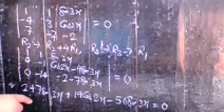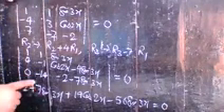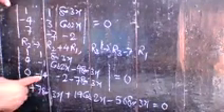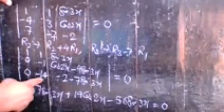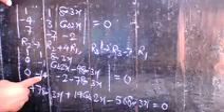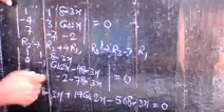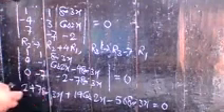Sir, second row, second column should be 7 or -1? Second row, second column, this one? Yes, sir. Here you have -7.